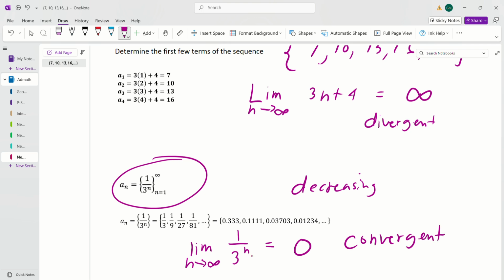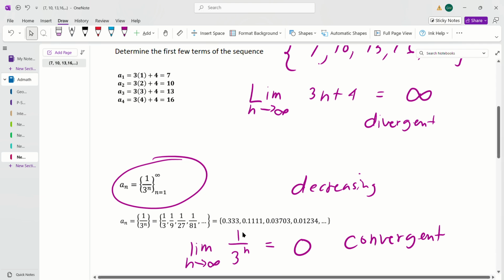That's one way of identifying if your sequence is convergent or divergent. Sorry for the term, it should be sequence. We're dealing with the sequence now.